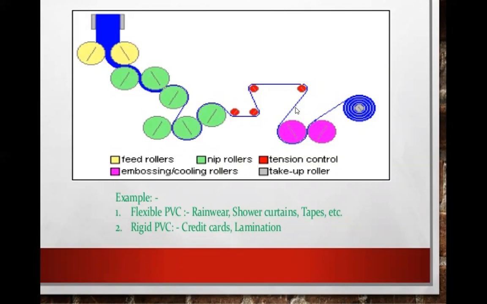After that, it is passed into the cooling roller, so that this plastic material, which up to here is in the hot condition, becomes cooled and becomes rolling sheets.